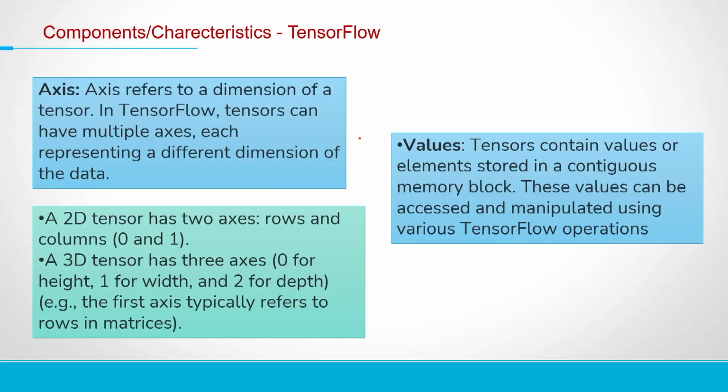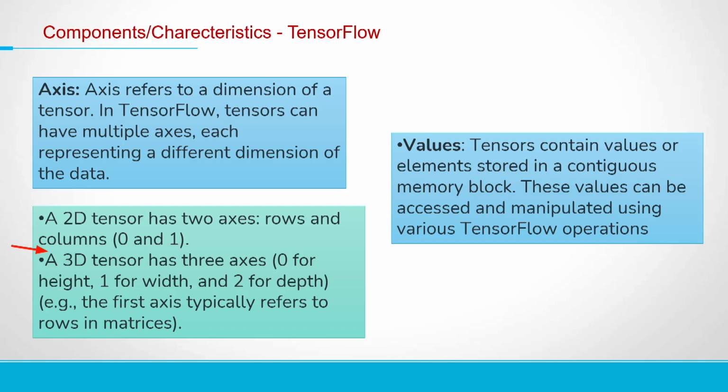Now, moving on to the other buzzwords associated with TensorFlow, there are axes and values associated with each of the tensors. An axis refers to a dimension in a tensor, and multiple axes represent the different dimensions of the data. For example, a 2D tensor will have 2 axes and a 3D tensor will have 3 axes.